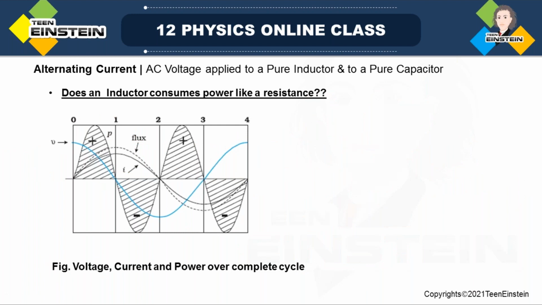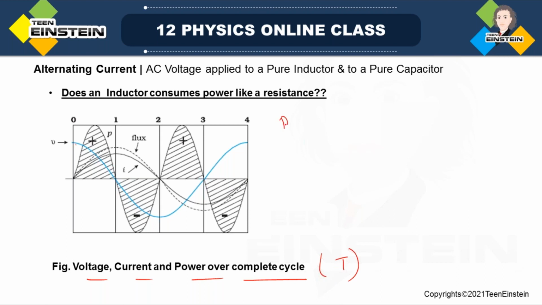This figure is also taken from your NCERT textbook. Look here, voltage, current and power, three quantities have been shown for a complete cycle, one full cycle where the time period is T.